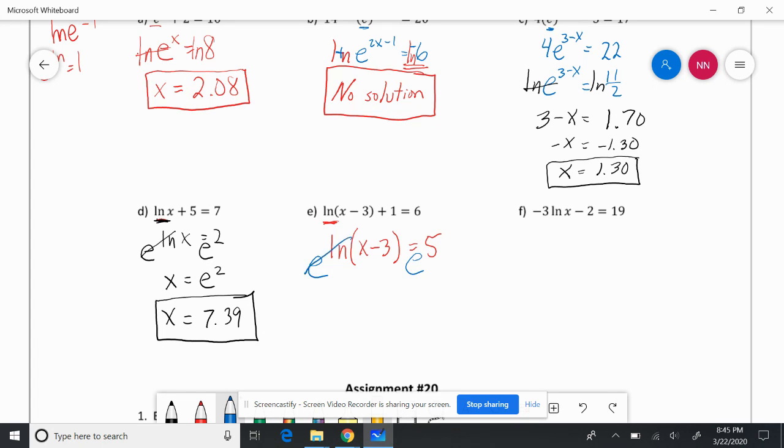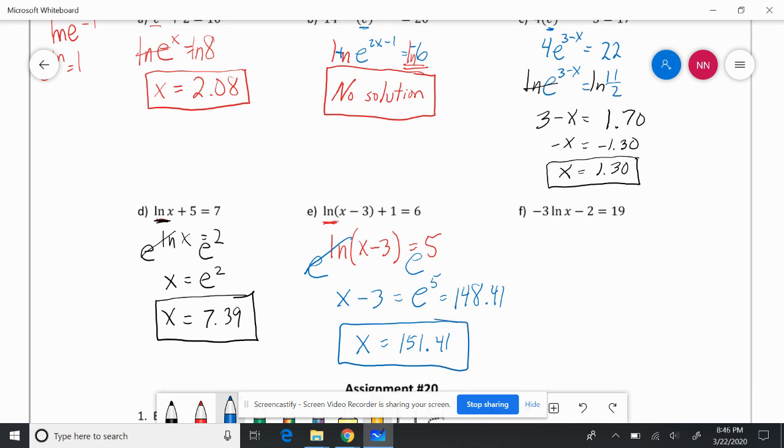Natural log and e become 1. So we have x minus 3 equals e to the 5. E to the 5th is 148.41. Then we're going to add 3. So we have x is equal to 151.41.